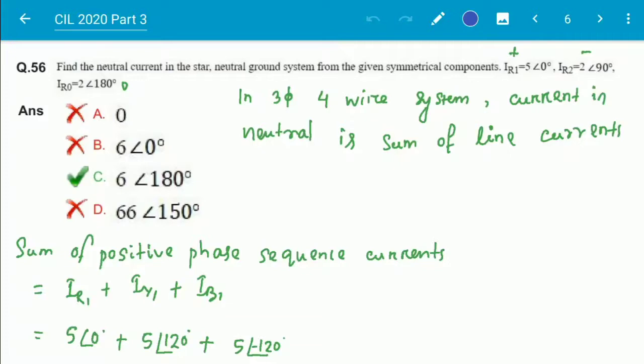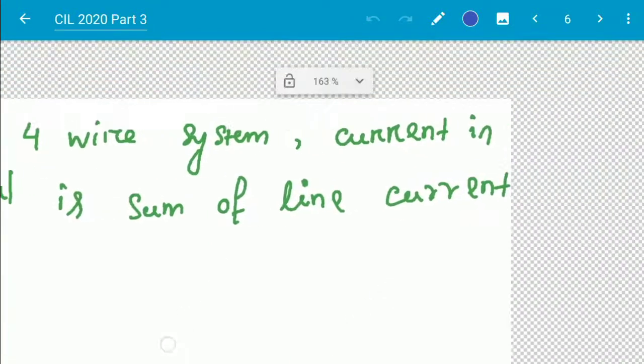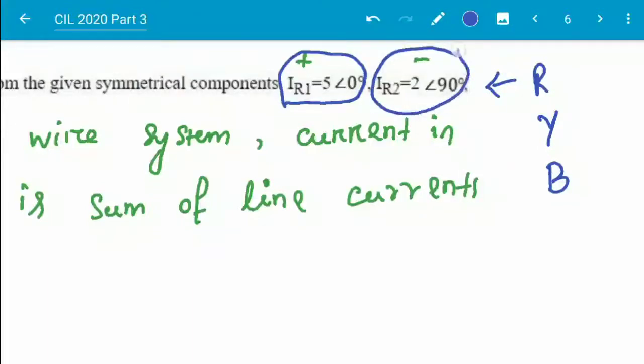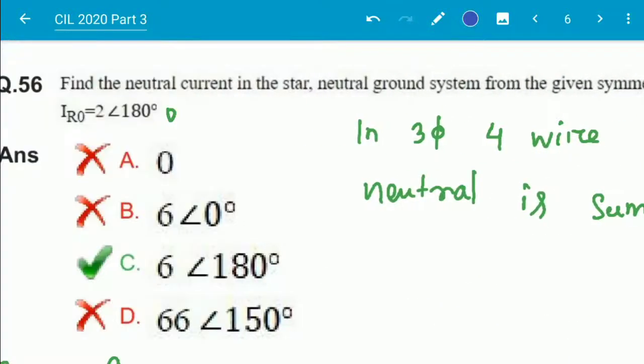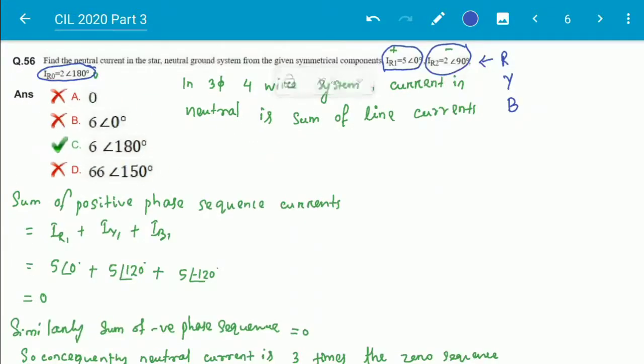Here the first one is the positive sequence. There are 3 phases, R, Y and B. For R only, this is the positive sequence, this is the negative sequence, and the last one is the zero sequence current. And we have to find out the neutral current.